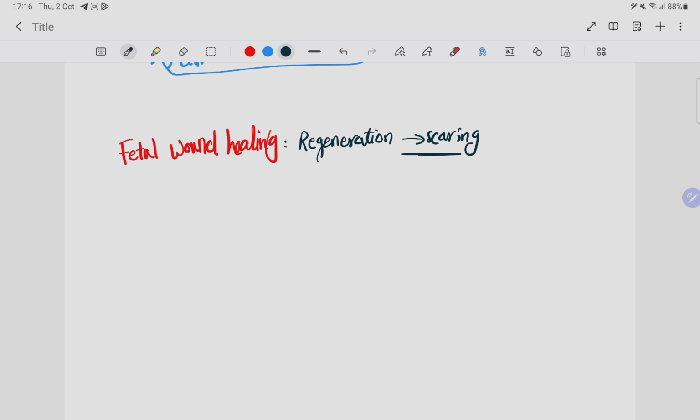Okay, regenerative wound healing differs from normal adult healing in the following ways. Inflammation is reduced compared to the adult. Epithelialization is more rapid. Angiogenesis is reduced, and collagen deposition is rapid, not excessive, and more organized.